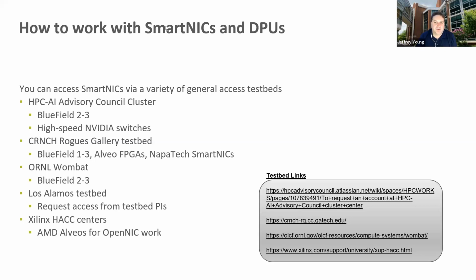These have been used for other hackathons. The International Supercomputing Student Cluster Competition had a component this year where they had to use the DPU to accelerate some small piece of an application.